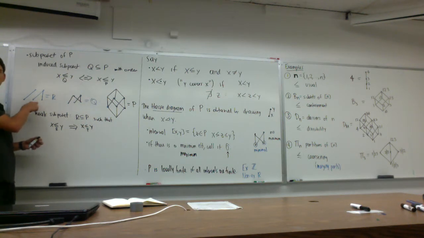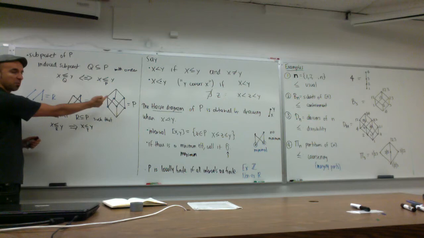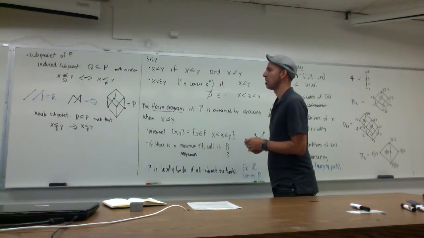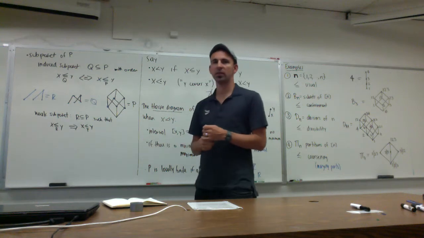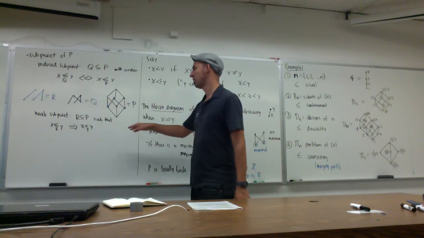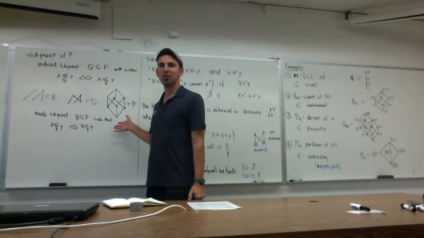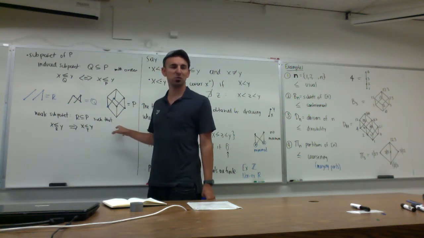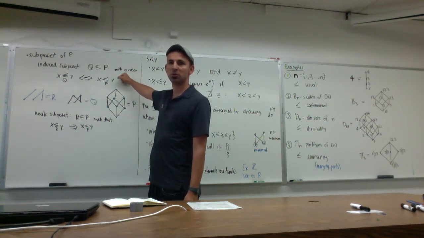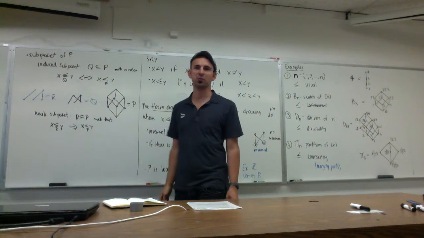If I have a comparability in R, then that must have been a comparability in P. Okay, so these are the differences between induced or weak subposet. Okay, and generally speaking, we don't really care too much about this property. This is too weak of a property. It's not that interesting. And this is the property that we usually want to consider, being an induced subposet.